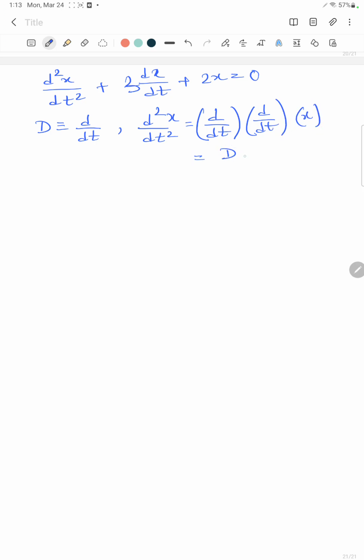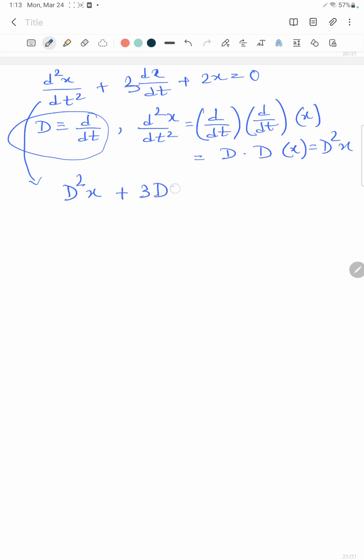That means you are operating this capital D twice on x, that gives you D2 x. So if you consider capital D to be the differential operator d/dt, in that case you can rewrite this equation as D2x plus 3Dx plus 2x equal to 0, which can further be written as (D2 plus 3D plus 2) operating on x and giving you 0.